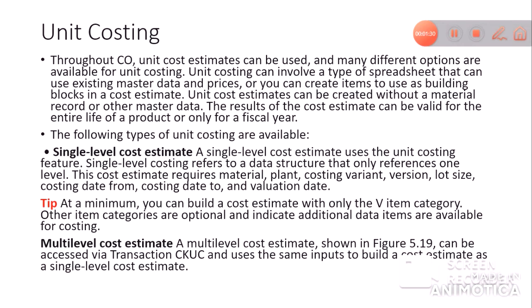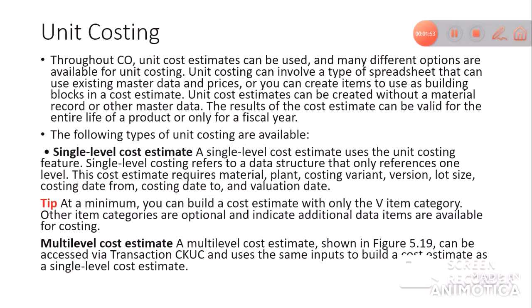Unit costing throughout CO: unit cost estimates can be used, and many different options are available for unit costing. Unit costing can involve a type of spreadsheet that can use existing master data and prices, or you can create items to use as building blocks in a cost estimate.